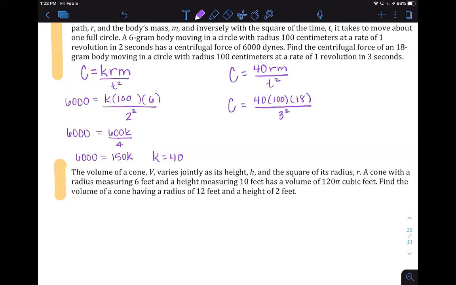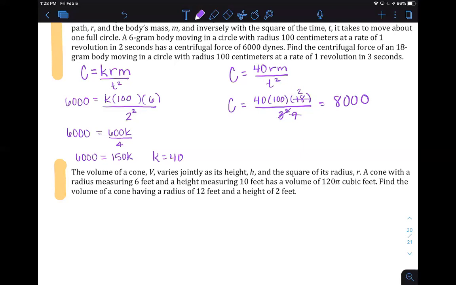What is 3 squared? 9. What's 18 divided by 9? 2. What is 4 times 2? Trust me, 4 times 2. 8. And then how many zeros do you have up there? 3. So 8,000.